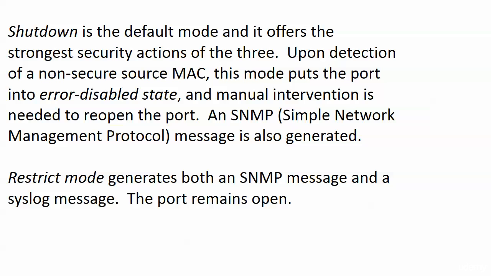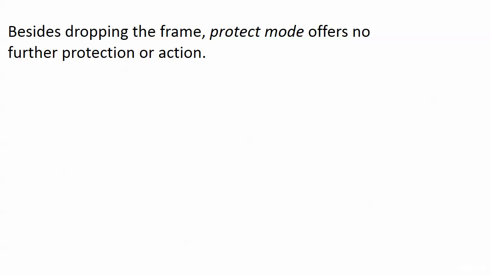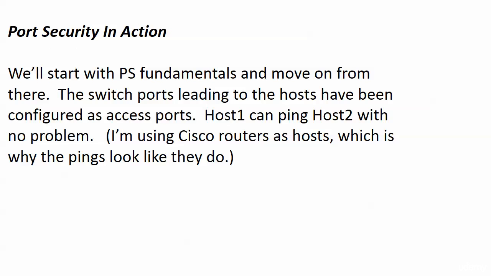Now, restrict mode is going to generate both an SNMP message and a syslog message. The port is going to remain open. And protect mode, besides dropping the frame, doesn't give us anything else. So be very clear on the differences there. They all sound good, protect and restrict and shutdown. They all sound great, but obviously some very important differences there.